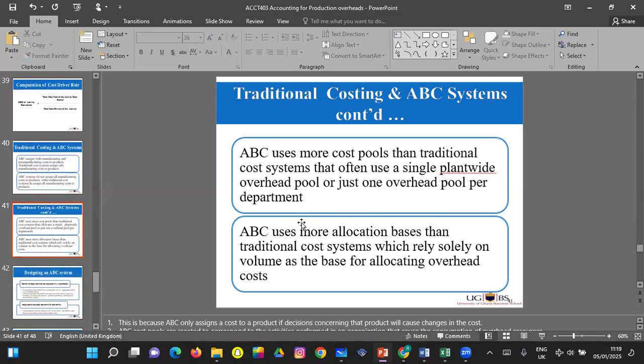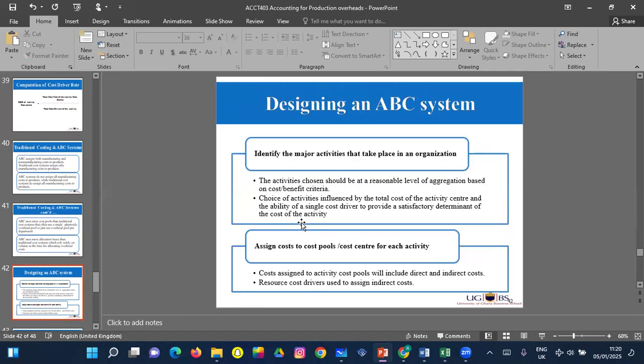Another one is that ABC uses more cost pools than the traditional cost system, which often uses a simple plant-wide overhead pool or just one overhead pool per department. ABC also uses more allocation bases than traditional cost systems, which rely solely on volume as the base for allocating overhead costs.